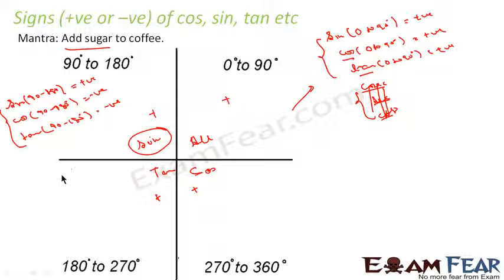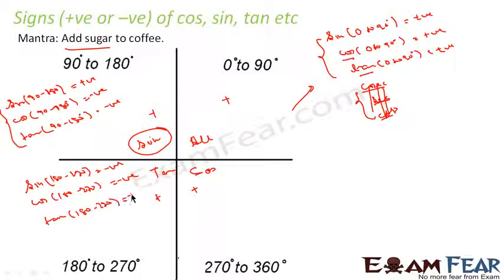In the third quadrant, only tan is positive. So if I say any number from 180 to 270, sine has become negative. Cos also in this case is negative, but tan in this case is positive.